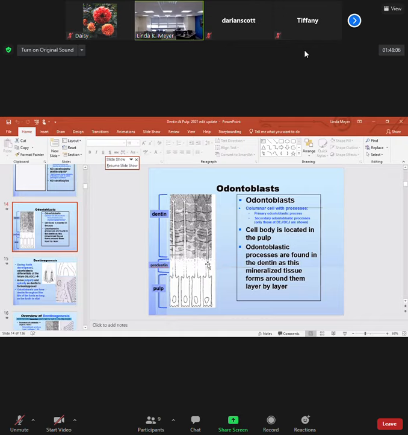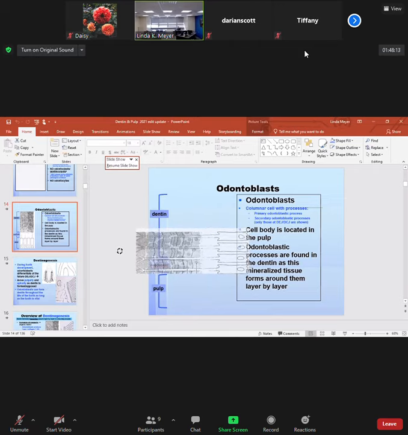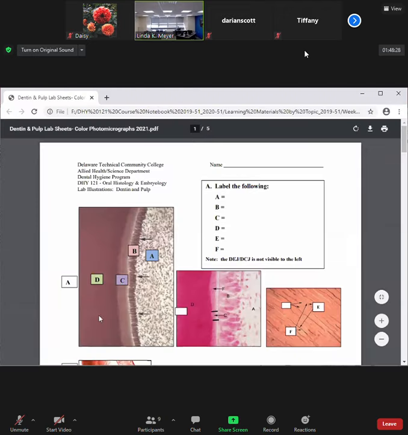So what I want to be able to do is, this is like you're turning this diagram in this direction so that then we can look at the first picture on the lab sheet. So we're looking at this picture here.